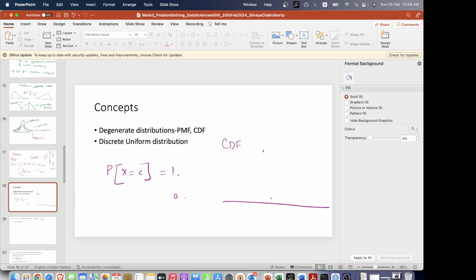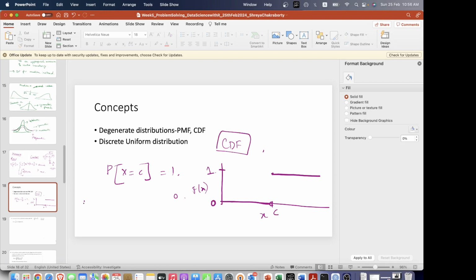This is the CDF of x. Till c, the graph would be at 0, and at c it would become 1.